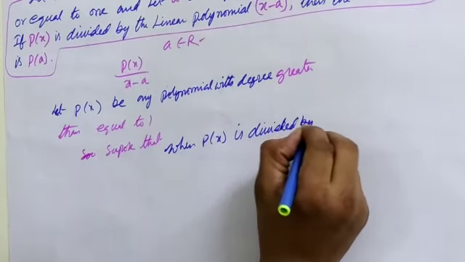Therefore, the quotient is q of x. At the same time, the remainder is r of x.